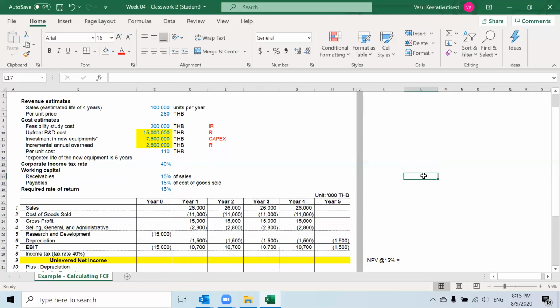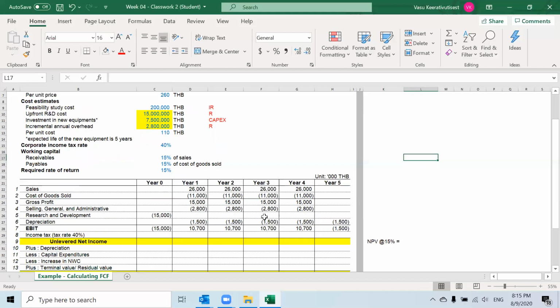Like right now, it looks good. Then if you have a positive EBIT, you need to pay income tax.